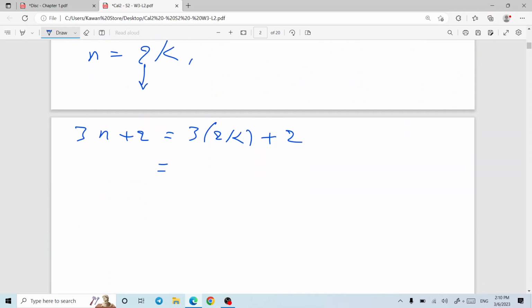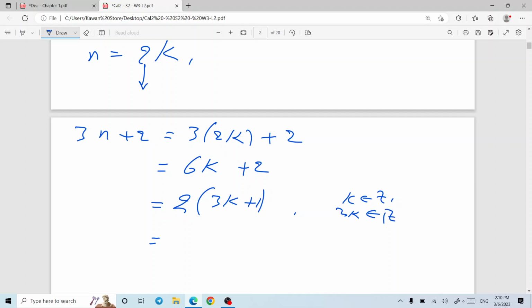So we get 6k plus 2, and I take 2 as a common factor, then I will get 2 times (3k plus 1). Now k is an integer, 3k of course will be an integer, and 3k plus 1 also is an integer.